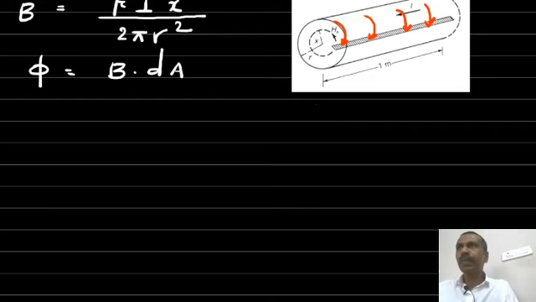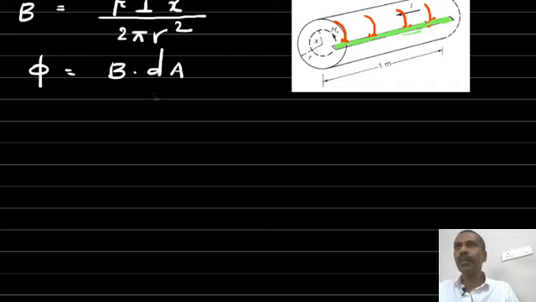cross a small strip which is hatched here, which is having a thickness dx, because we considered a small strip of thickness dx. And what is the length? Length is 1 meter, because we consider the conductor of 1 meter length. So what is the area through which the flux lines cross?